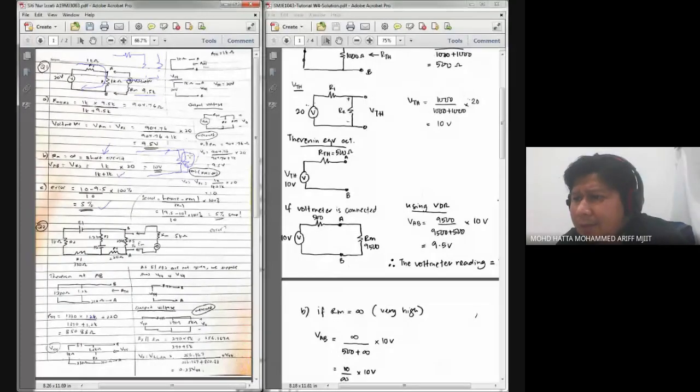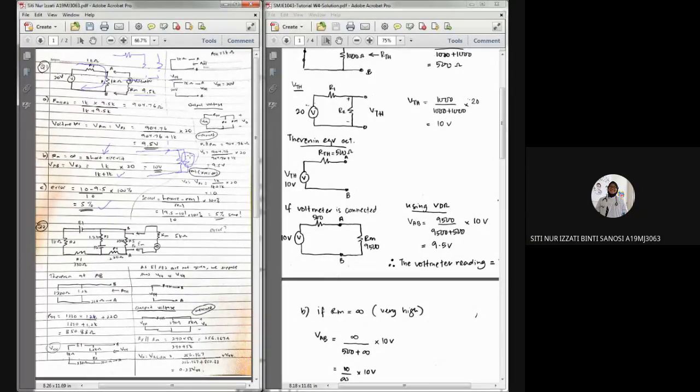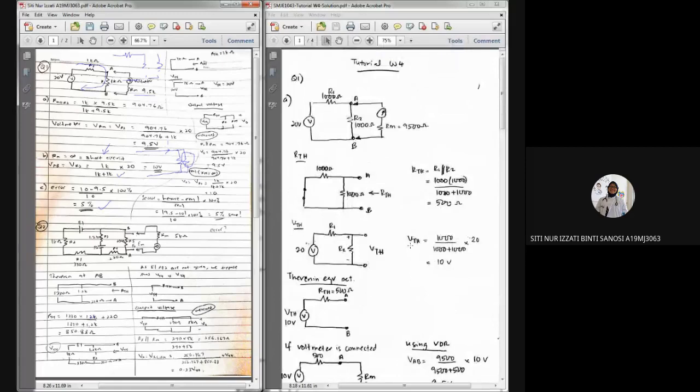Yeah. What I did is first I find the parallel resistance between RM and R2, and then for the voltmeter reading, it is the voltage across RM, which is the same as voltage across R2.